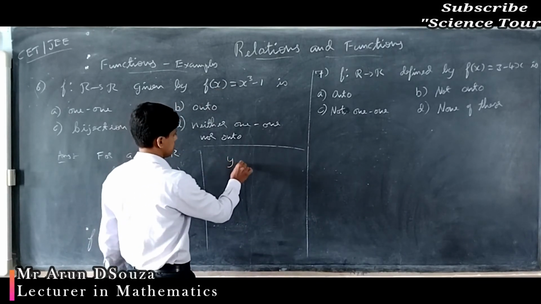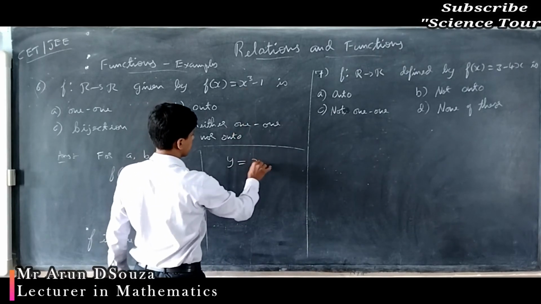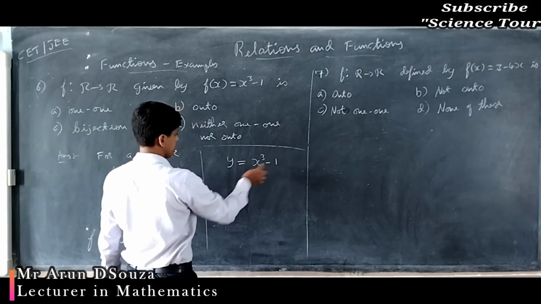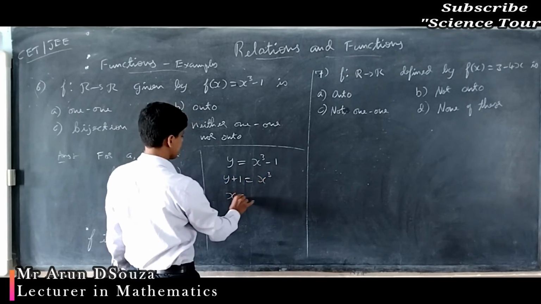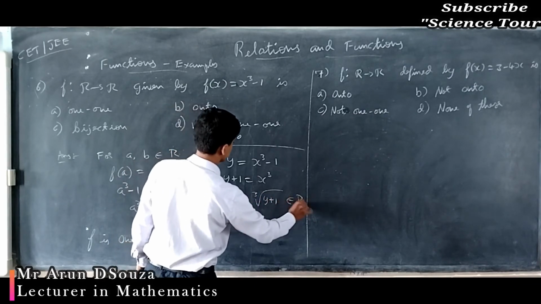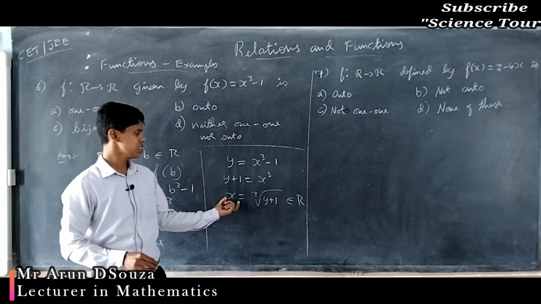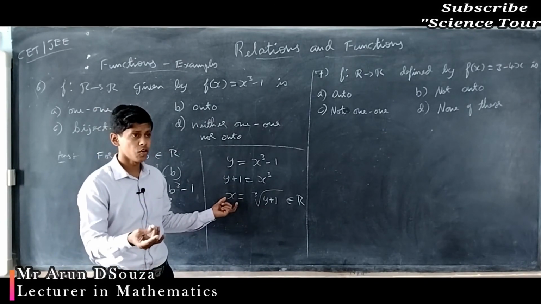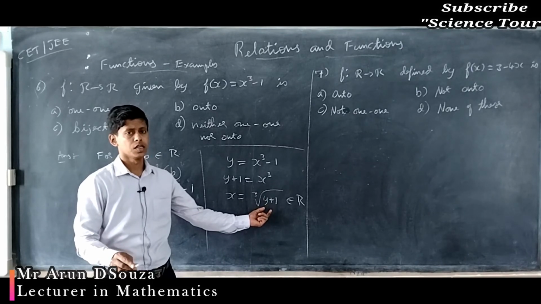Let us use the normal methodology. We have f of x equal to y, so x cube is y plus 1. So what is x here? Cube root of y plus 1. It belongs to real numbers for any value of y. So x is defined for every value of y here.